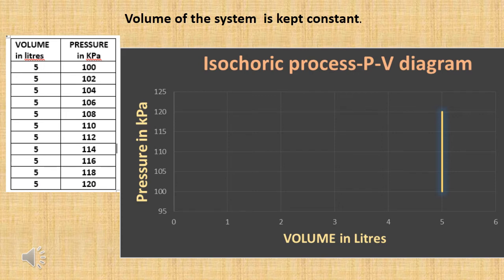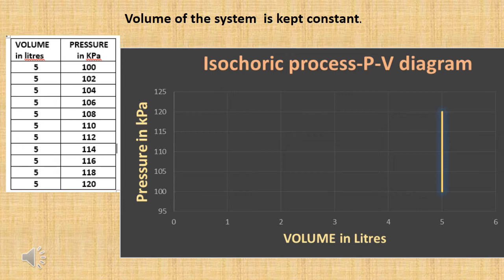The first one is the PV diagram. Here, as I have told earlier, the volume of the cooker is 5 liters. It is kept constant. But here the pressure increases as temperature increases. Here the pressure increases from 100 kilopascal to 120 kilopascal.